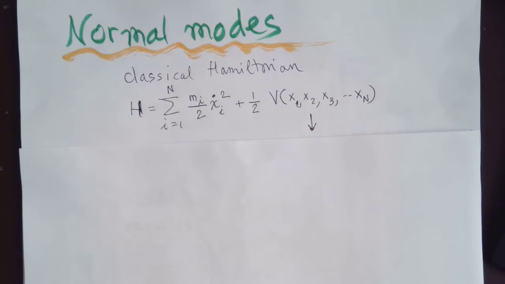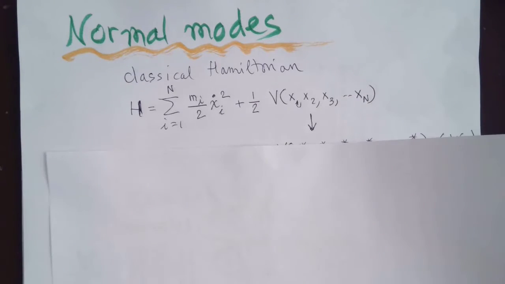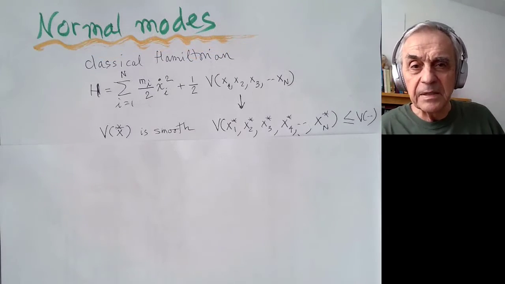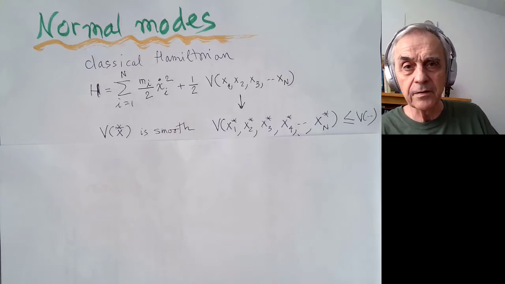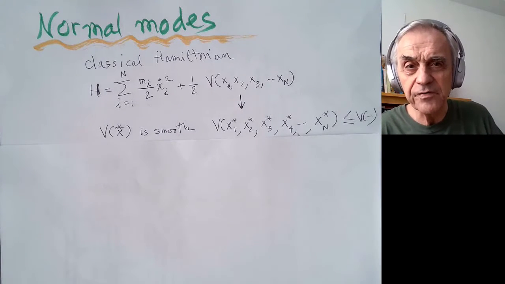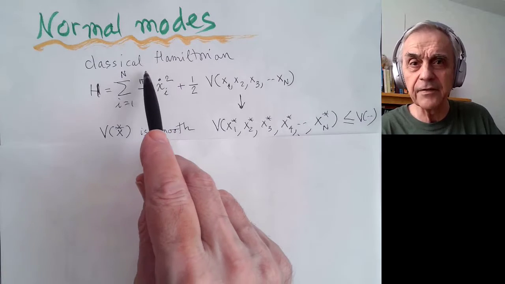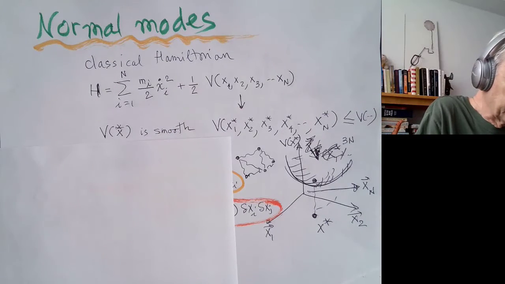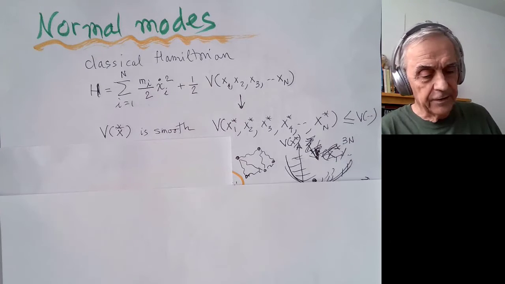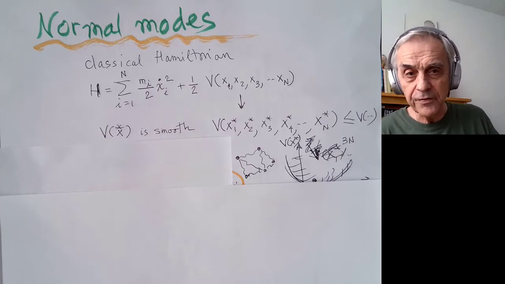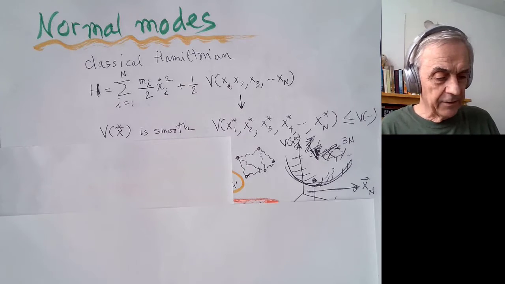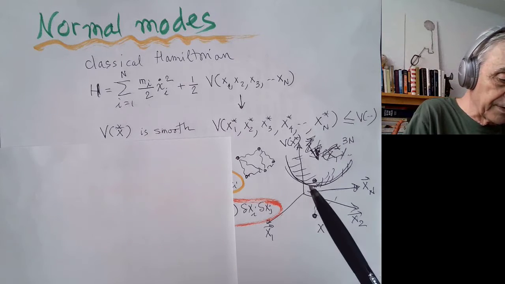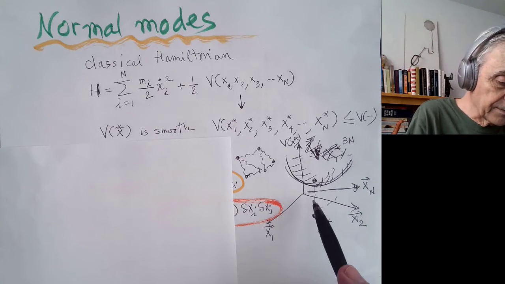Now we assume that this potential has a minimum. So it's some minimal energy configuration in which nothing moves, typically an equilibrium configuration. You can think of a bunch of particles interacting by some forces, and you have a configuration that you can draw as the bottom of some potential in many dimensions.